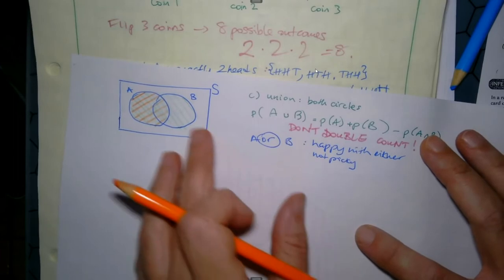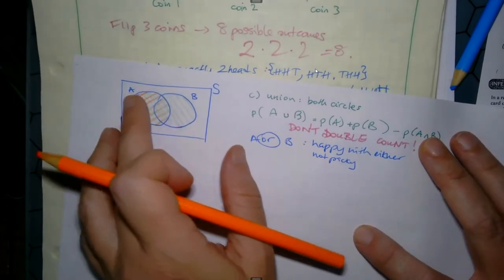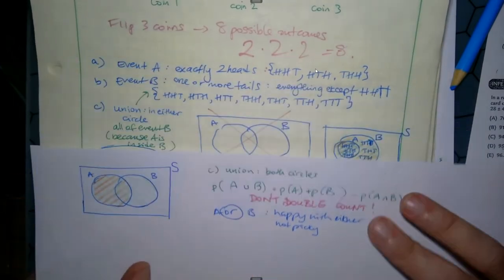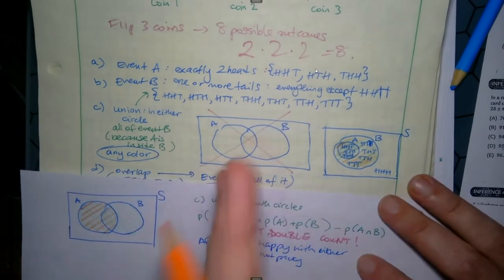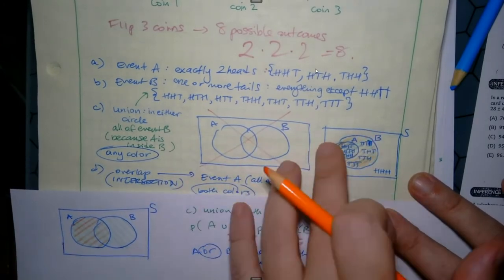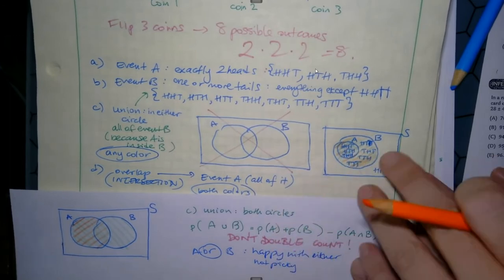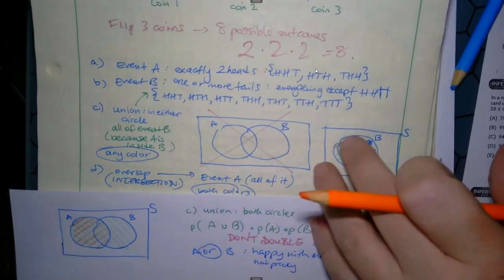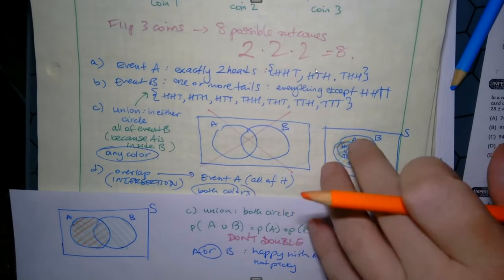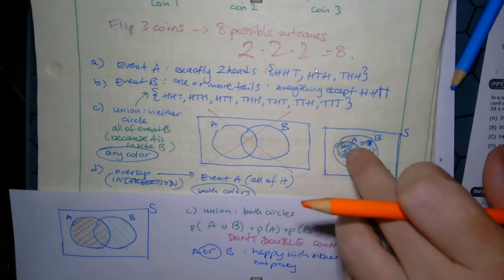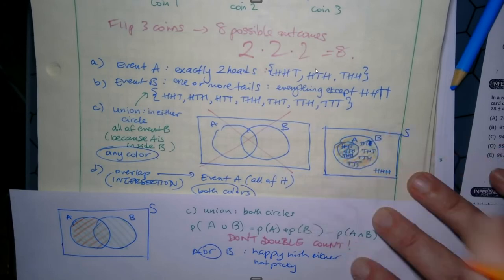That's the thing where we get orange and green. But this particular Venn diagram is strange or unusual. If this whole thing was orange and this one was green, and you're looking for the overlap, then event A is the overlap, all of it. That would get both colors in this particular case.